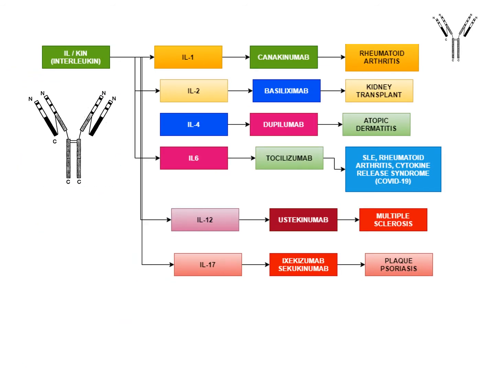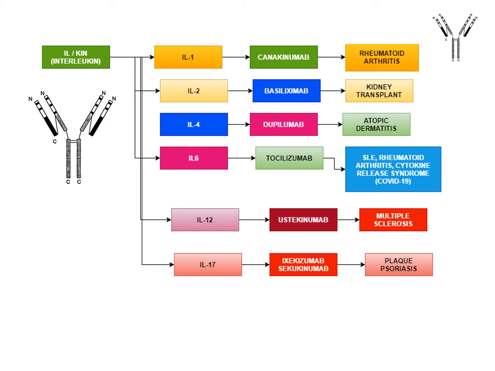Then the interleukins. All the monoclonal antibodies related to interleukins will have IL or KIN in their nomenclature. Canakinumab is targeting IL-1, given for treatment of rheumatoid arthritis. Basiliximab, an IL-2 receptor antagonist, is given for kidney transplant.